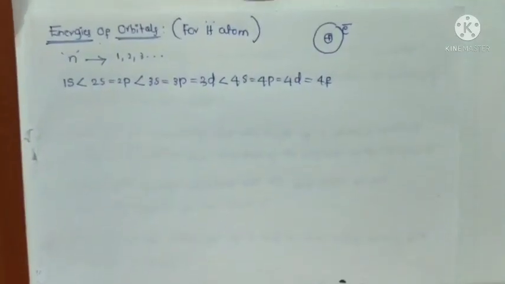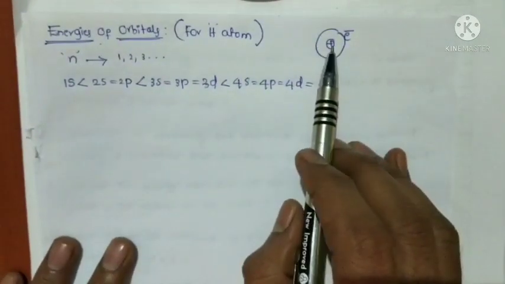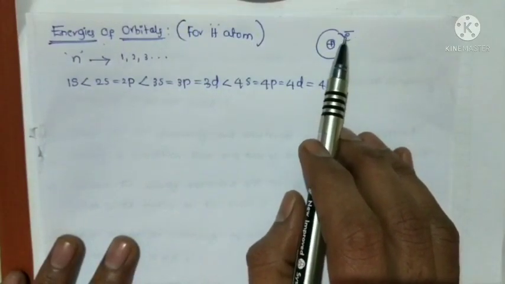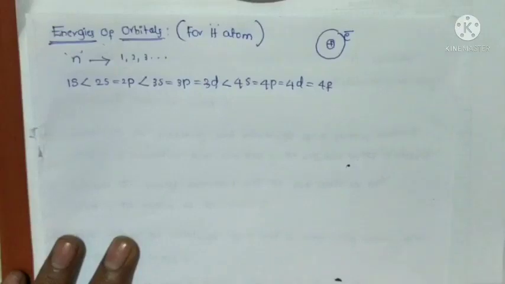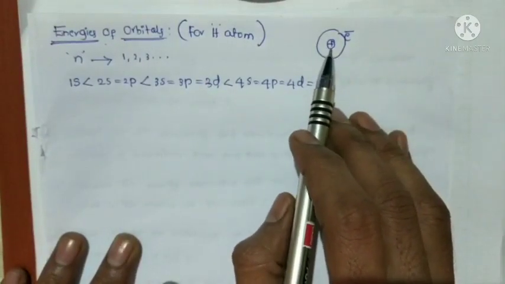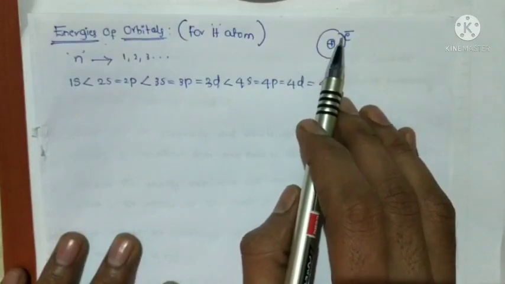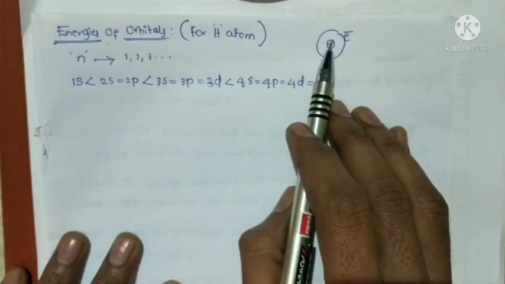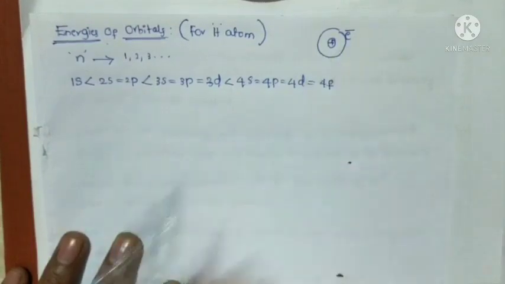Generally, hydrogen contains one proton in the nucleus and one electron revolving around it, so only one attraction force is there, that is between the nucleus with its one proton and the one electron.